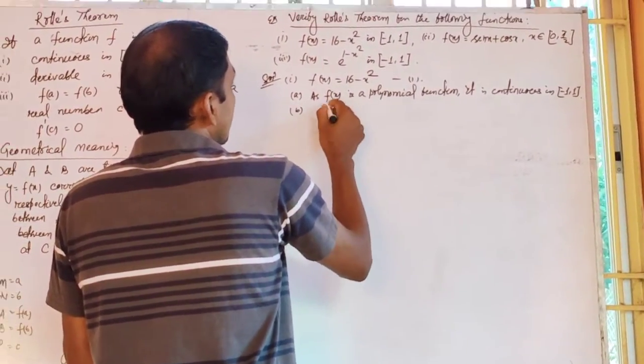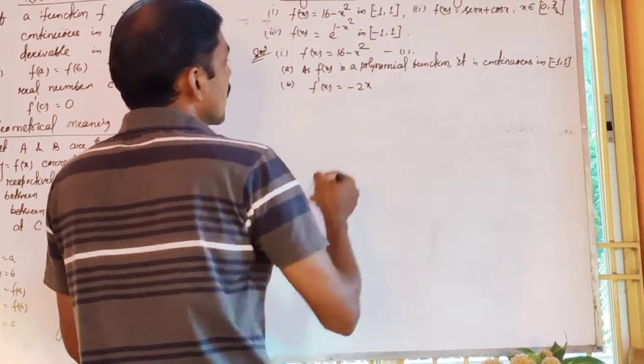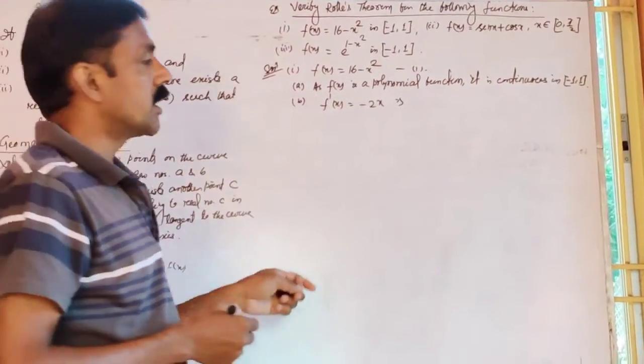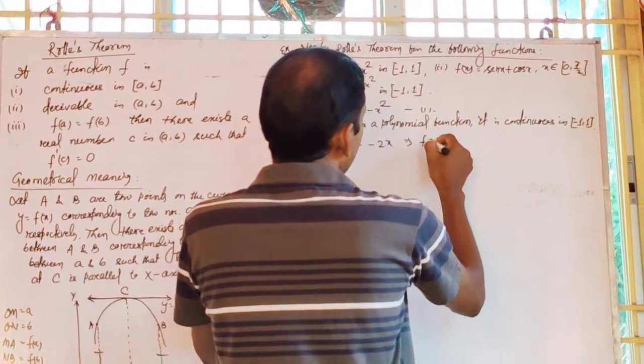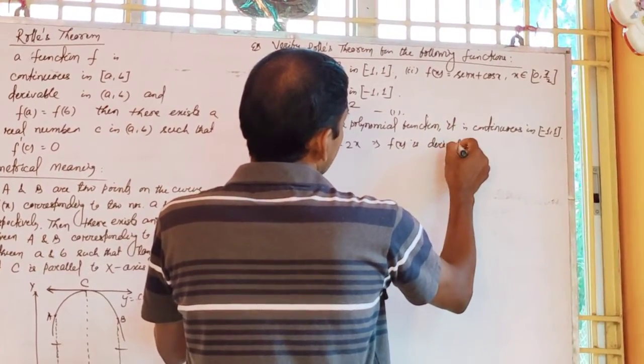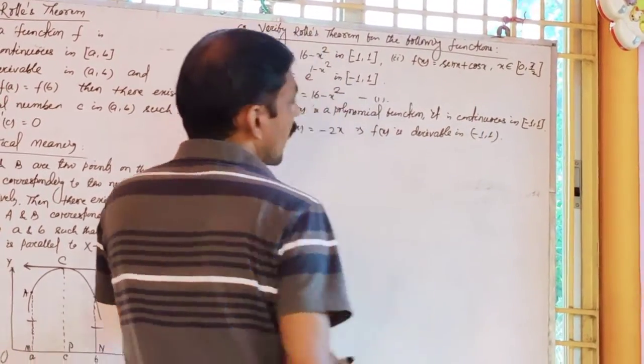Second, you find f dash of x. f dash of x is minus 2x. As we are able to find the derivative, this implies f of x is derivable in the open interval minus 1 to 1.